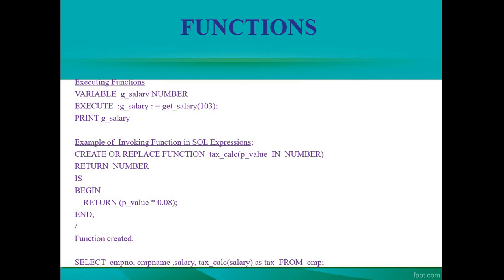While assigning, we use the colon g_salary, and to assign, := get_salary, which is the function name, and I am passing the parameter 103, that's the EMP number. So the employee having EMP number 103, his salary will be stored in g_salary. To view or display the salary, I am going to use the PRINT statement, PRINT g_salary. Now the salary will be displayed.